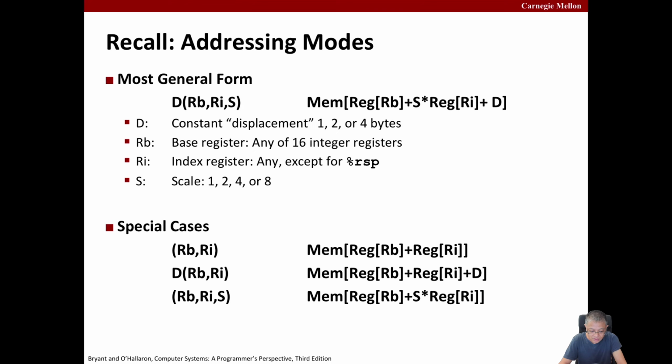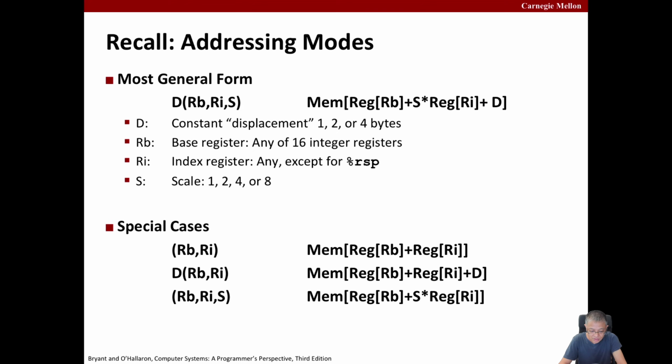So let's go to the slides here. We have talked about the registers. There are 16 general purpose registers for 64-bit architecture.